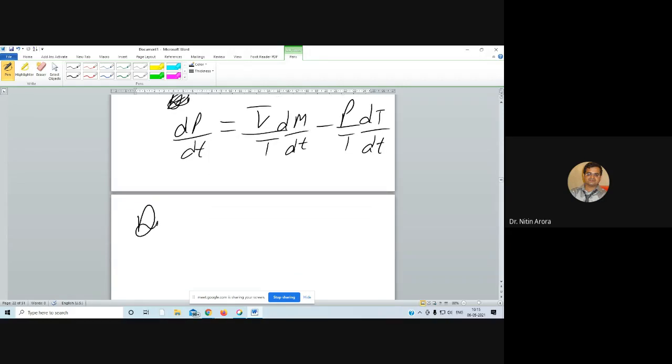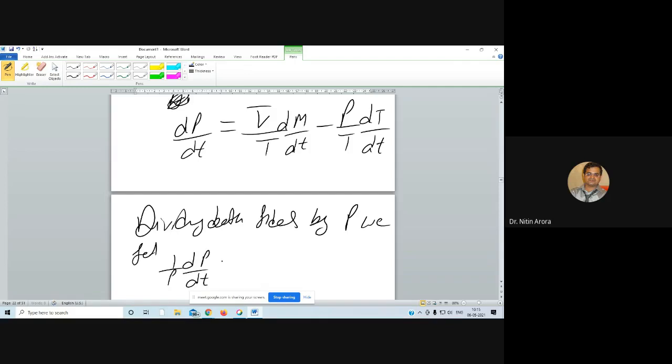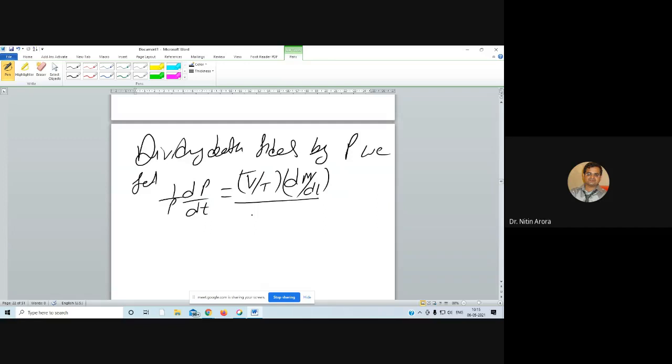Now dividing both sides by P, we get 1 upon P dp upon dt is equal to V bar upon T dm upon dt, divided by what is the value of P here?